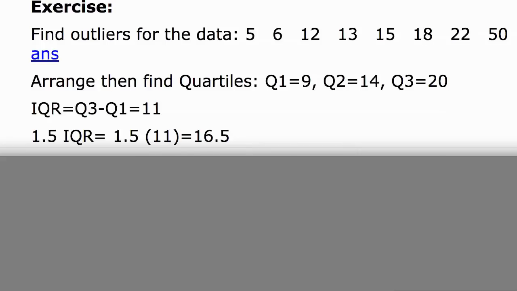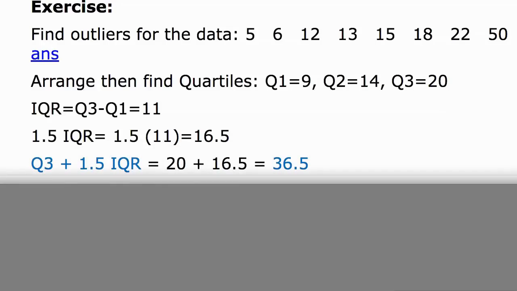Then I will use it to calculate the upper fence boundary, which is Q3 plus 1.5 IQR. Q3 is equal to 20, and 1.5 IQR is 16.5. So I just add them, that gives me 36.5. So that's the upper fence. Remember, the upper fence should encapsulate all the data from the high end. If you look at the data, what do I have here?